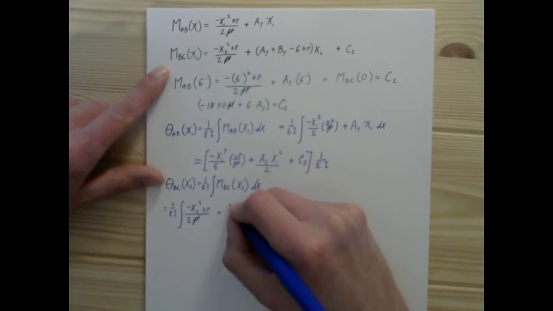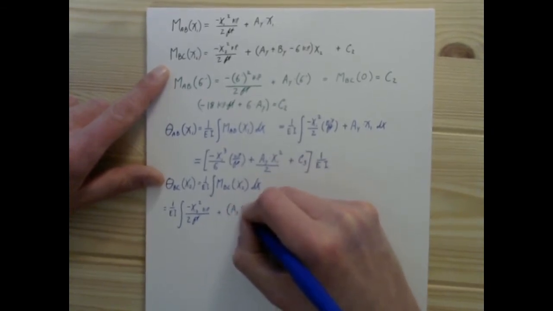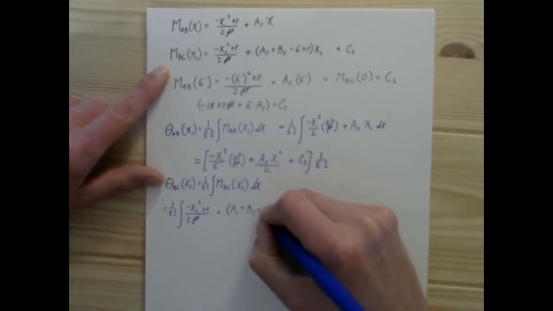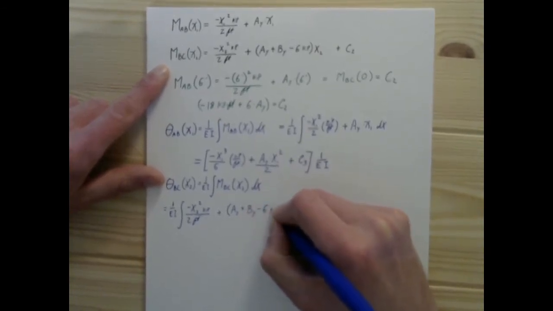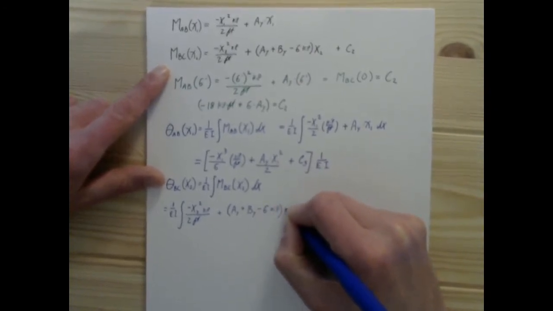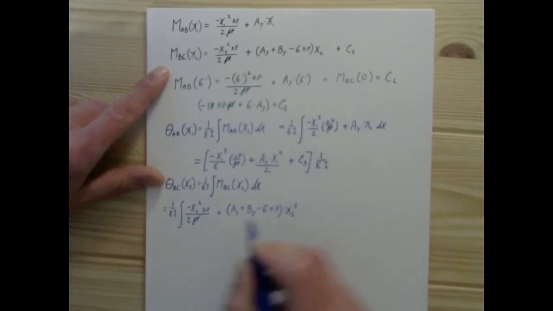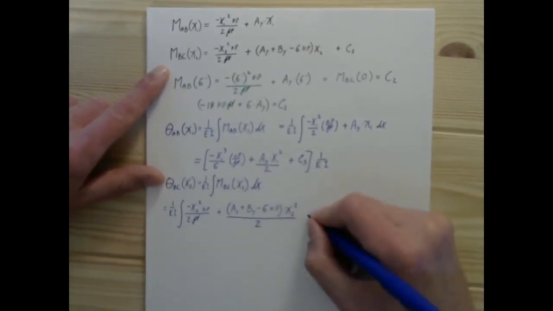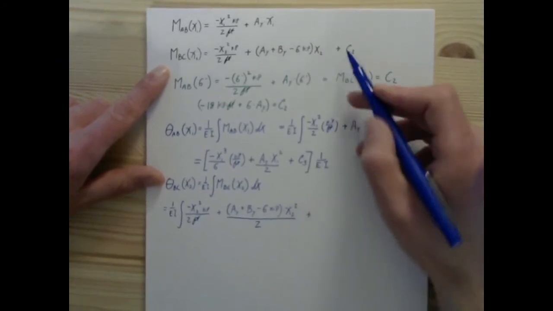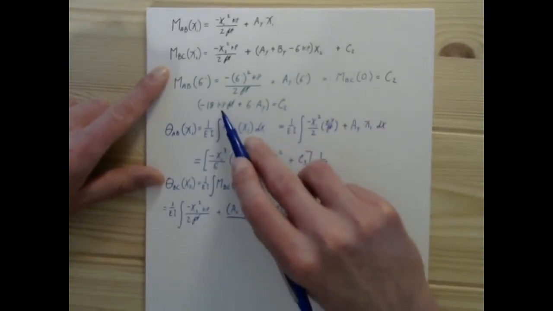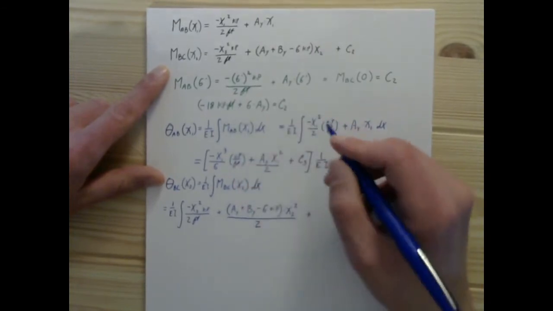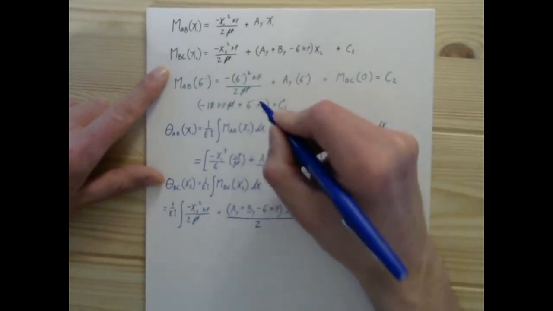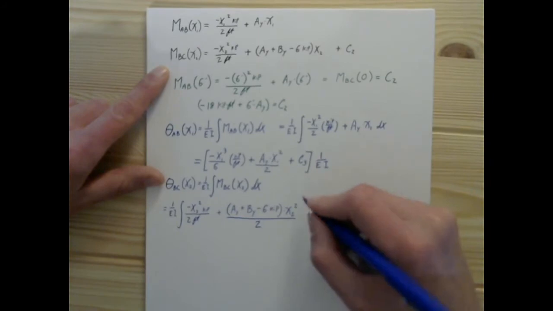Plus the reaction at A in the y direction, plus the reaction at B in the y direction, minus 6 kips, times x2 squared, divided by 2, plus our constant of integration, which we said was negative 18 kip feet plus 6 feet times AY.